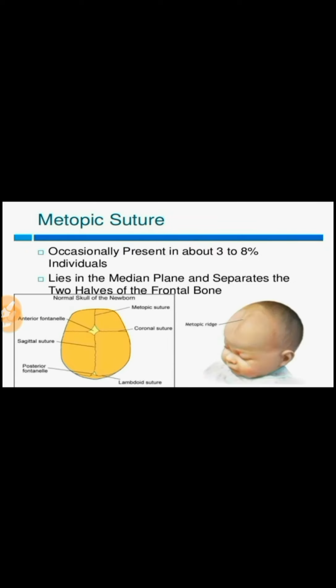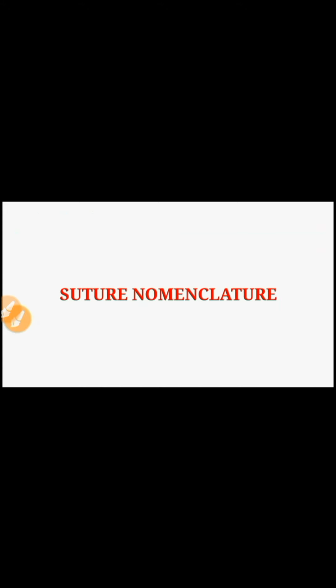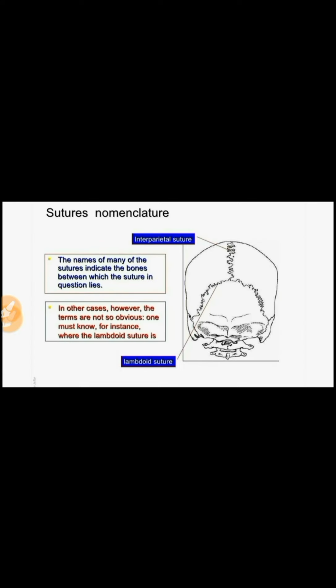Sometimes you will also see a suture called the metopic suture, which is occasionally present in 3 to 8% of individuals. It lies in the median plane and separates the 2 halves of the frontal bone. It may persist or it may become ossified, because the frontal bone ossifies from 2 centers, right and left. As for the basis of suture nomenclature, as I already told you, it depends on the shape, position or the bones in between.